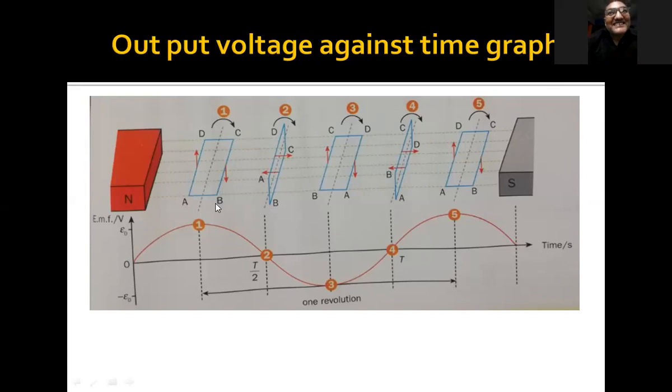Remember this direction. Now consider this position of the coil. Now the BC side is going upward and the AD side is going downward. Apply the right hand rule. So this is my right hand, and stretch the fingers. The motion is upward.